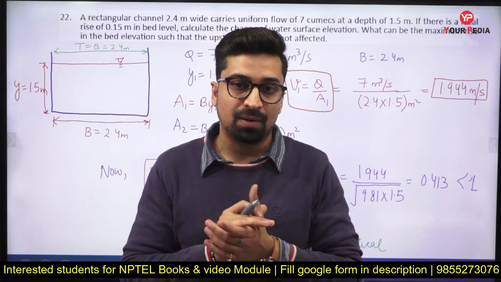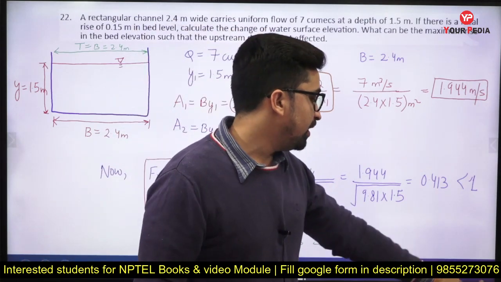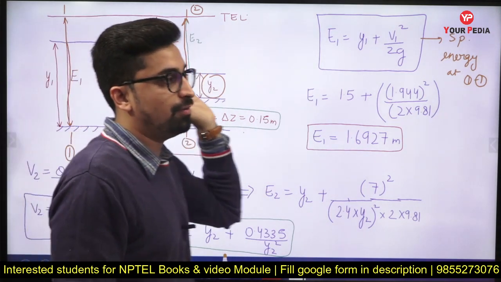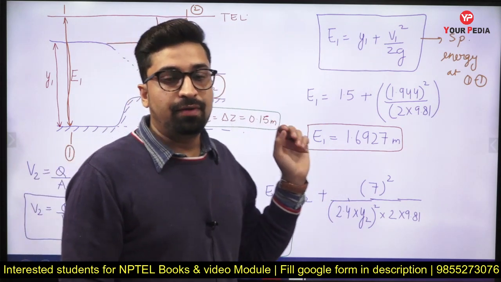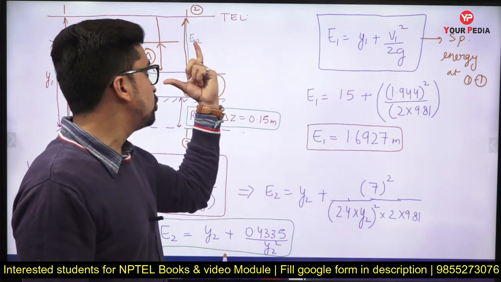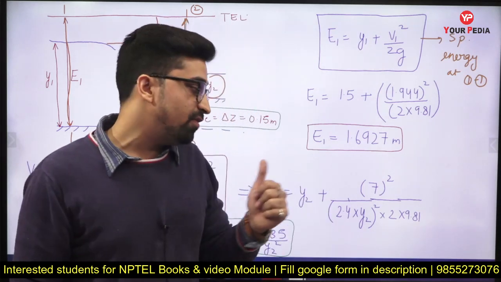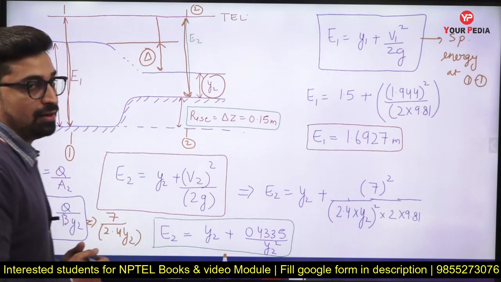Now there comes a concept of choking, right? Basically, whenever the energy at section 22 is less than the critical energy at section 22, then there will be a condition of choking in the channel, right?